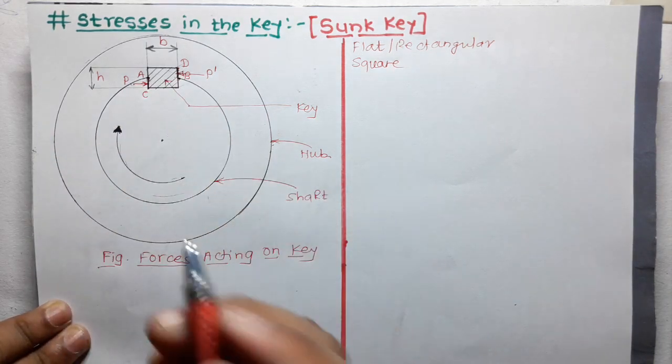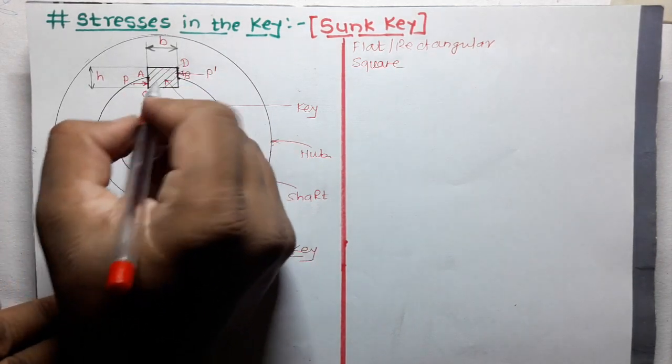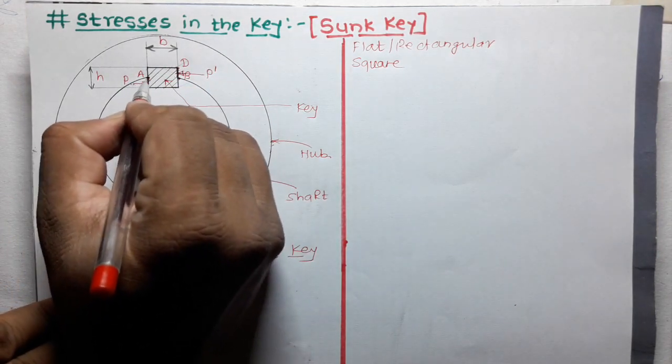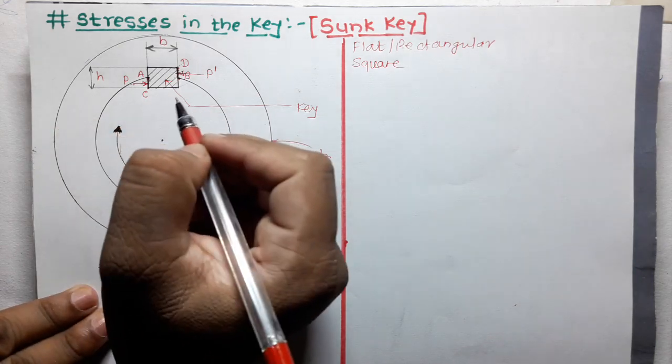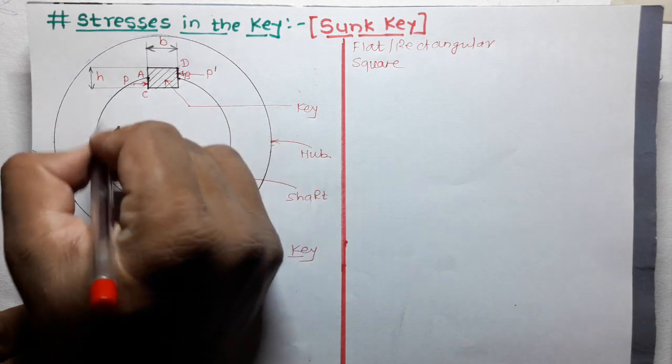Now you have to consider one very important point: as this force P is acting on this face AC, its exact location is not known. So we have to consider this force P acting tangential to this shaft.